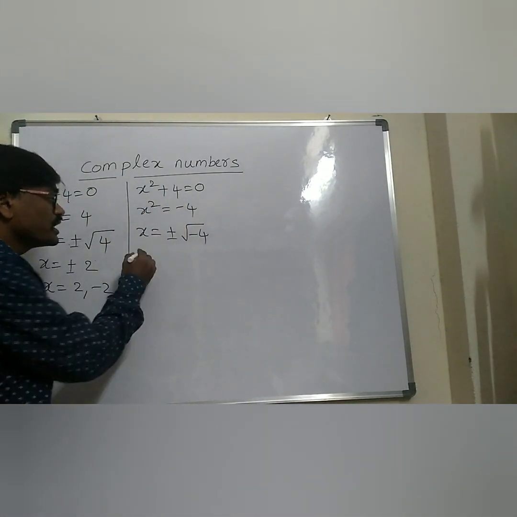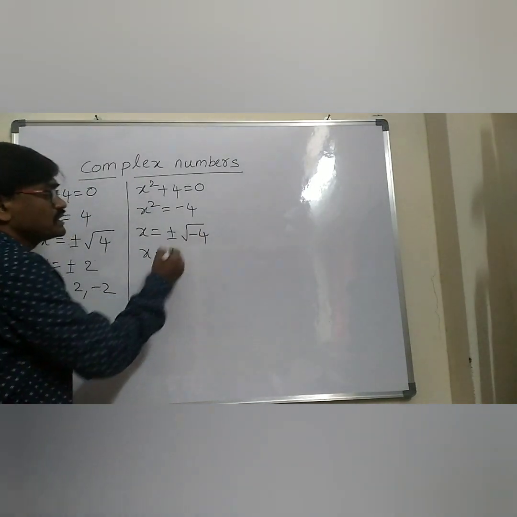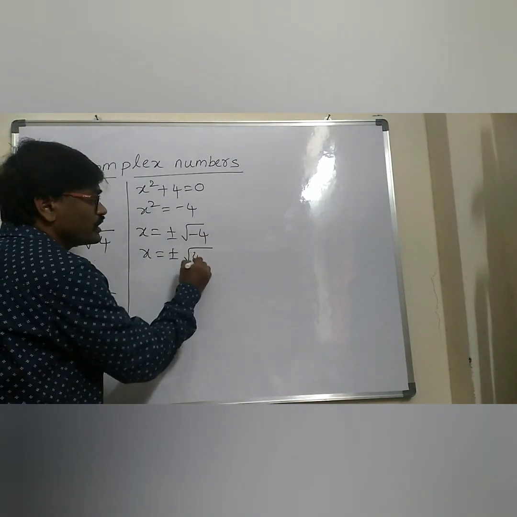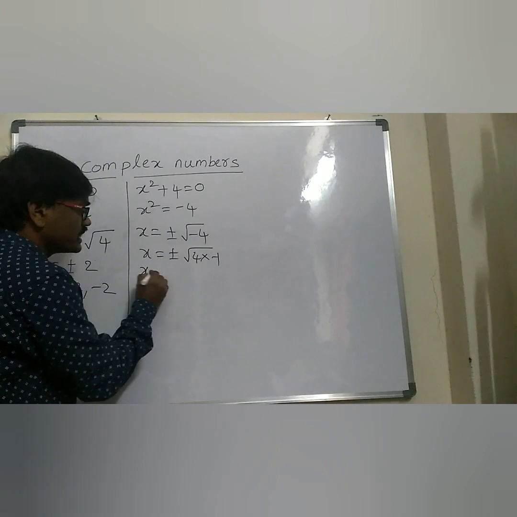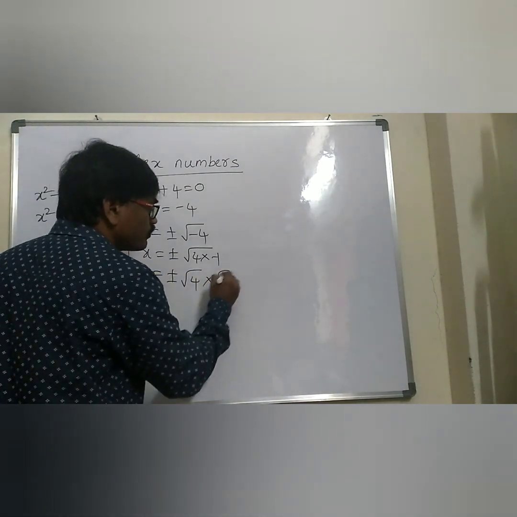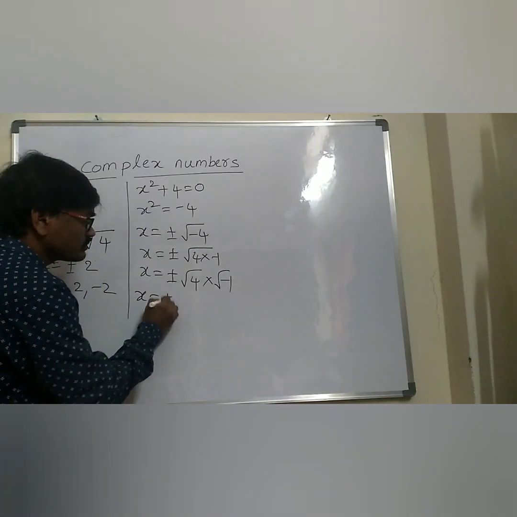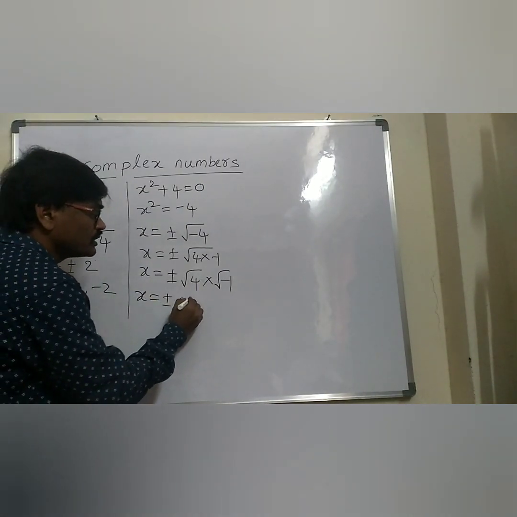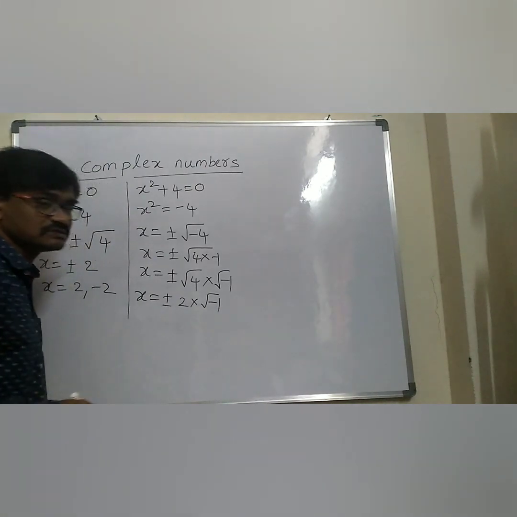Now students, I am writing square root of minus 4 as square root of 4 into minus 1, so x is equal to plus or minus root 4 into square root of minus 1. Write down square root of 4 value as 2 into square root of minus 1.